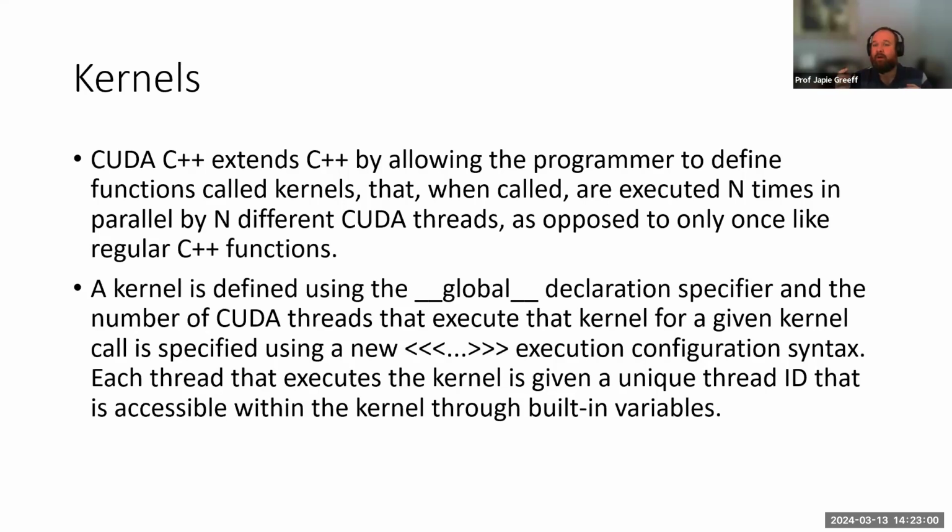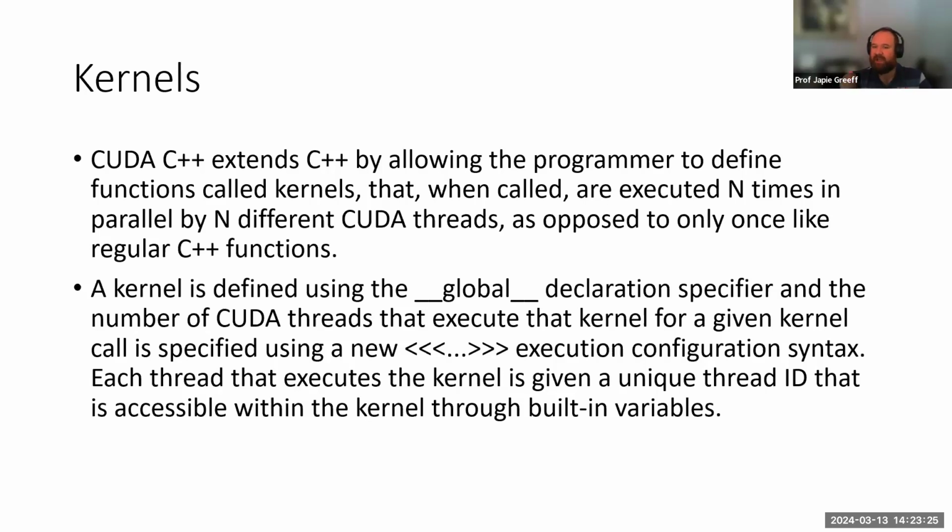Here, by just calling the kernel, you already have to specify how many times you're going to parallelize it. Now, in order to define a kernel in our code, we need to use the __global__ declaration specifier, so it's available everywhere, as well as the number of threads that need to be given to that specific kernel when it runs. Inside the code, each thread that executes is given a unique ID.